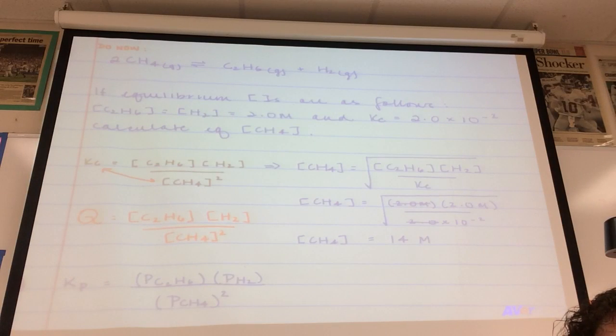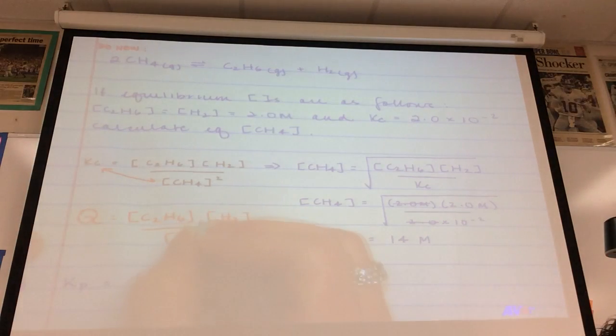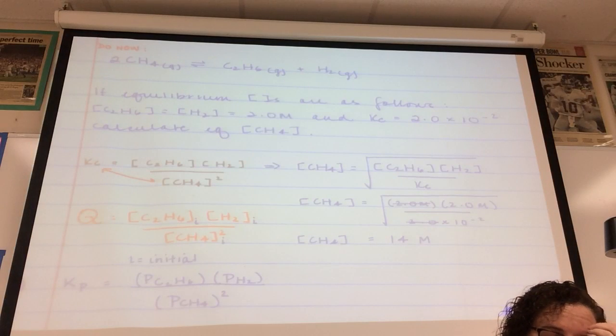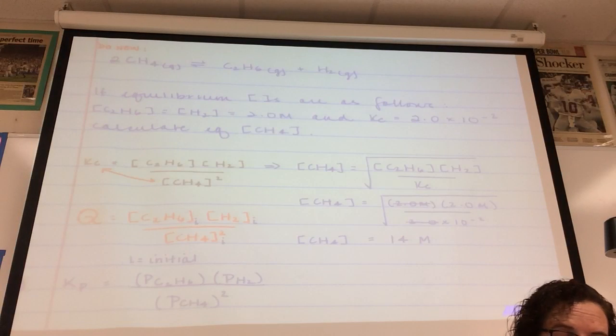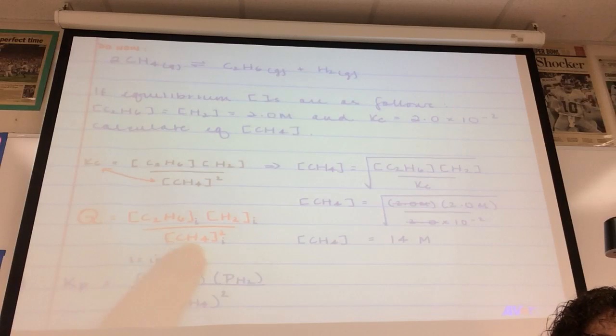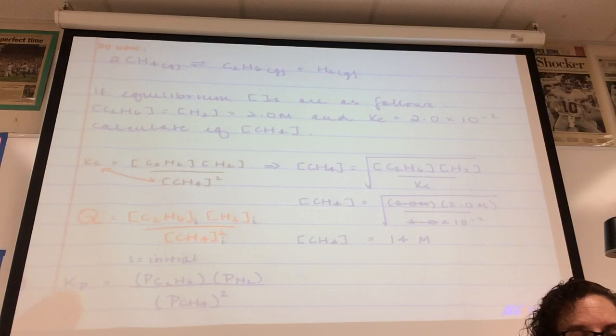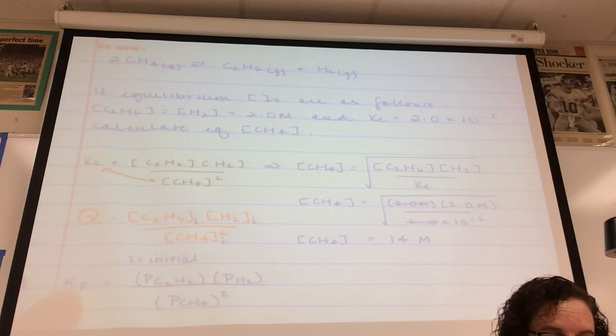The only difference is that these are non-equilibrium conditions, typically initial. I'm putting an I there where I equals initial or non-equilibrium. You can calculate Q from initial concentrations or non-equilibrium concentrations, and you can compare it to K to determine if the forward or reverse reaction is favored.